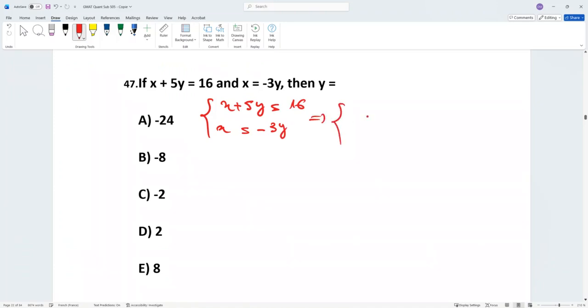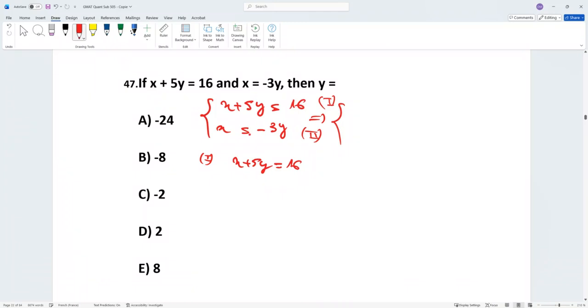Then here what we can do, we can use the first equation like this. So x plus 5y is equal to 16.